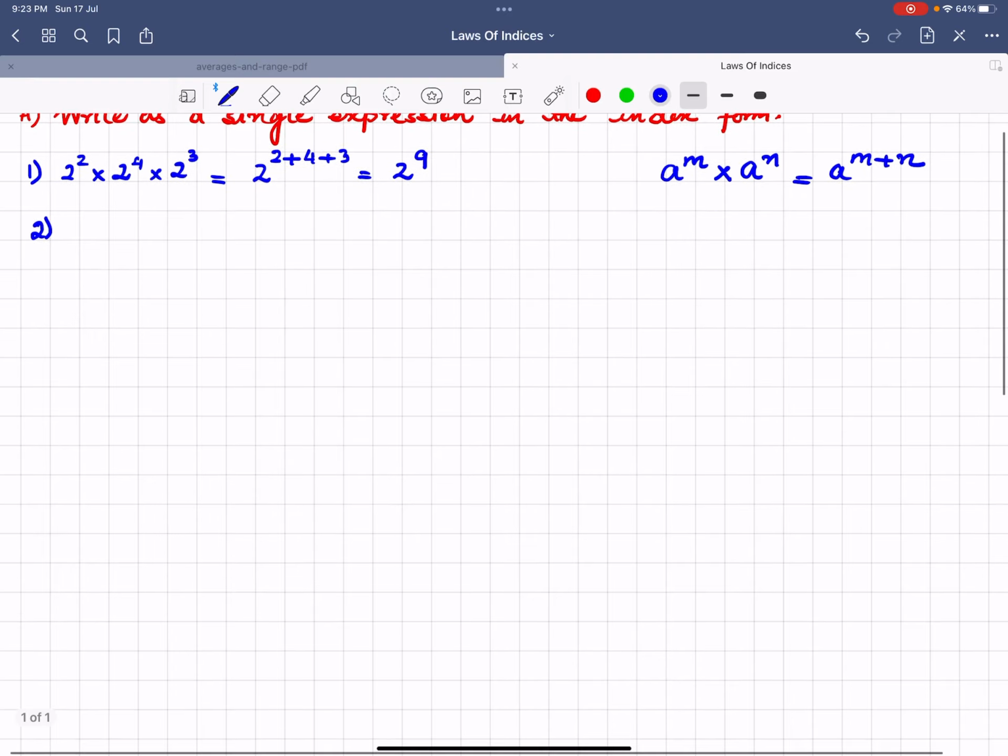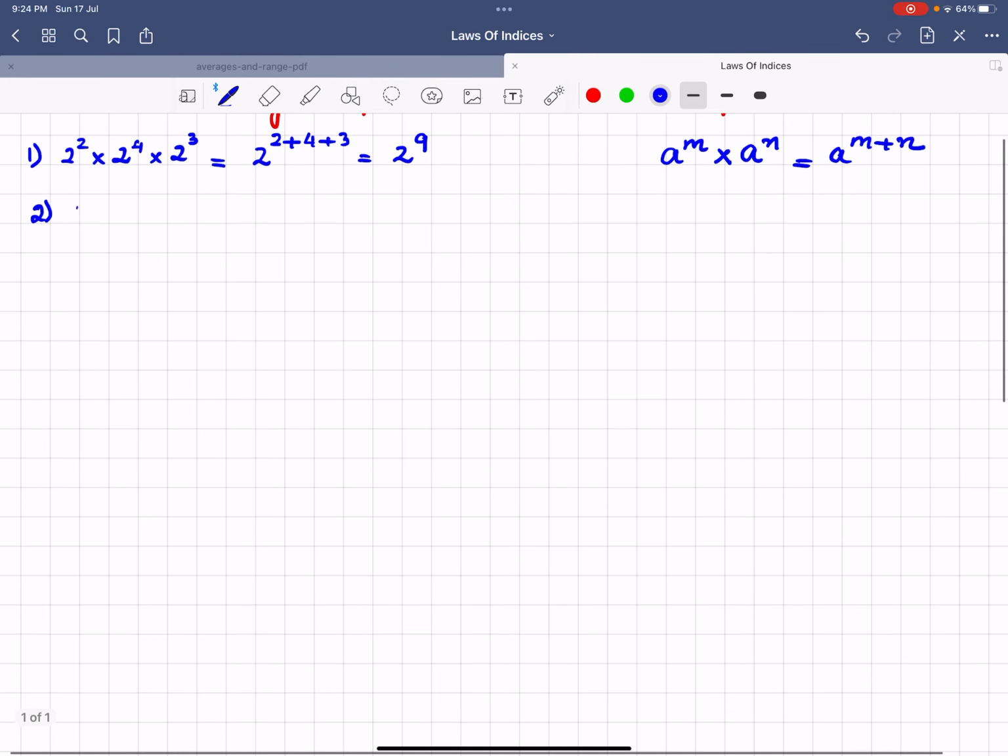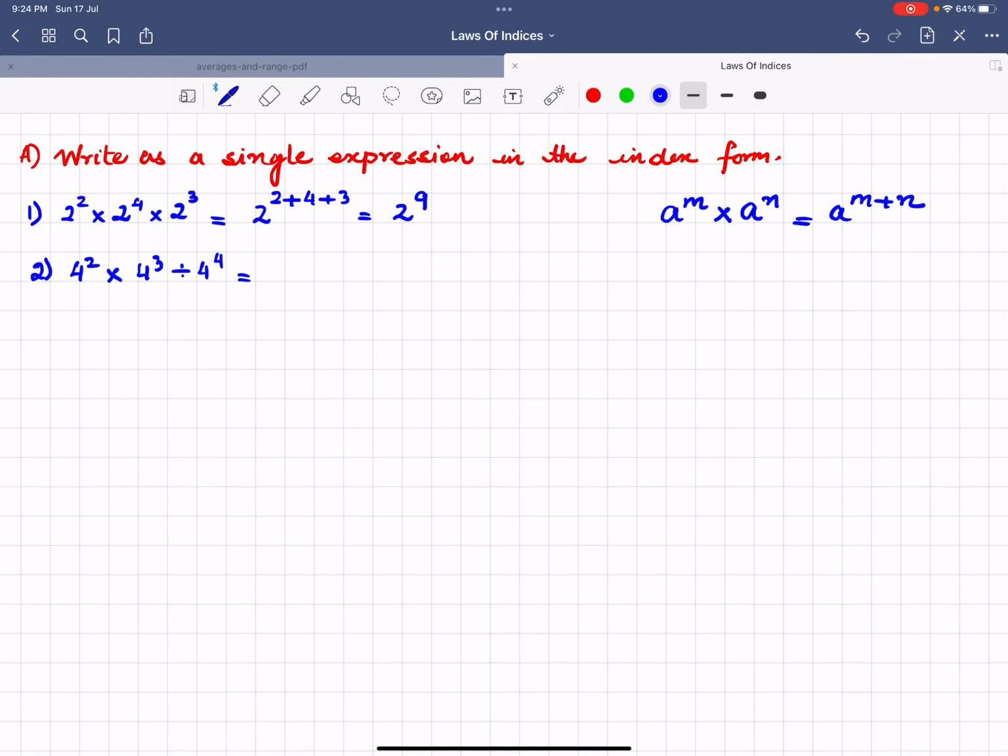Question number 2. 4 to the power of 2 multiplied by 4 to the power of 3 divided by 4 to the power of 4. So in this question, we have another rule of index, which is a to the power of m divided by a to the power of n, which is equal to a to the power of m minus n.